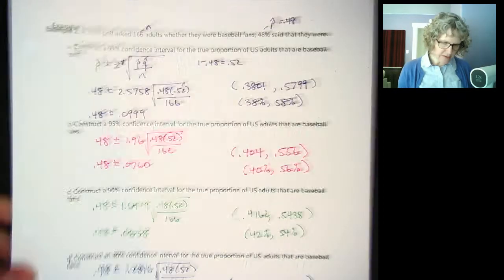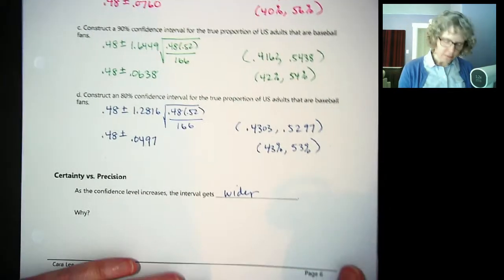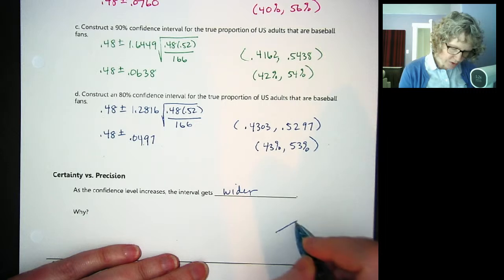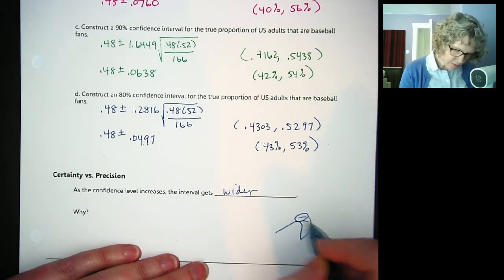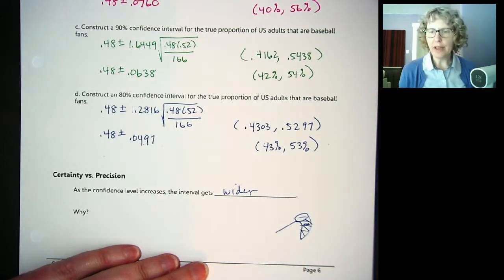So you could think of it as like fishing. If you want to be more certain to get your fish, you have to have a wider net.